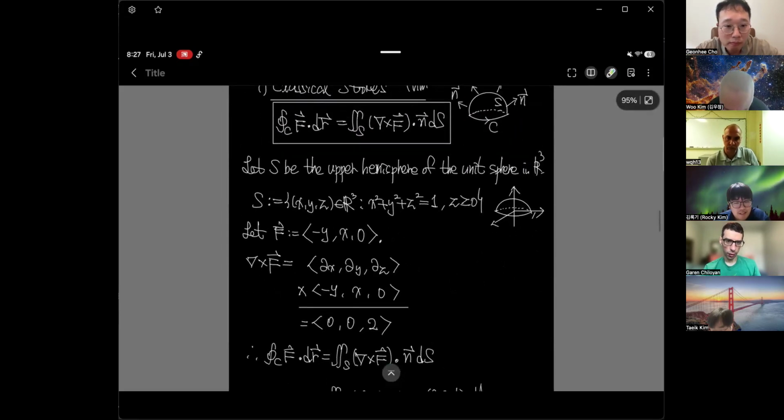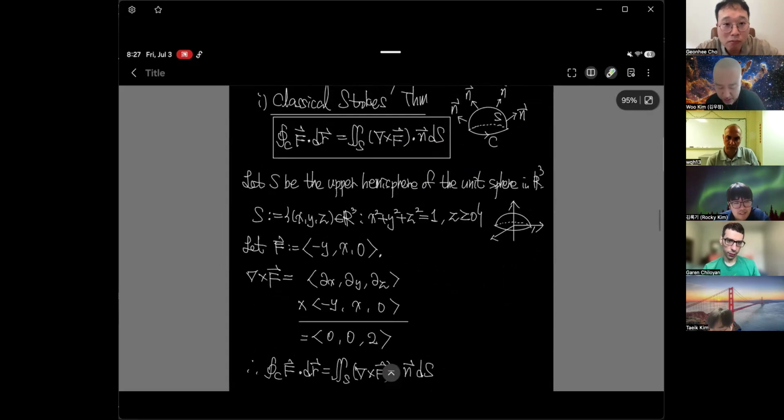To apply Stokes theorem, let S be the upper hemisphere of the unit sphere. So if we have the unit sphere S2 in R3, I'm going to integrate over the upper half hemisphere.